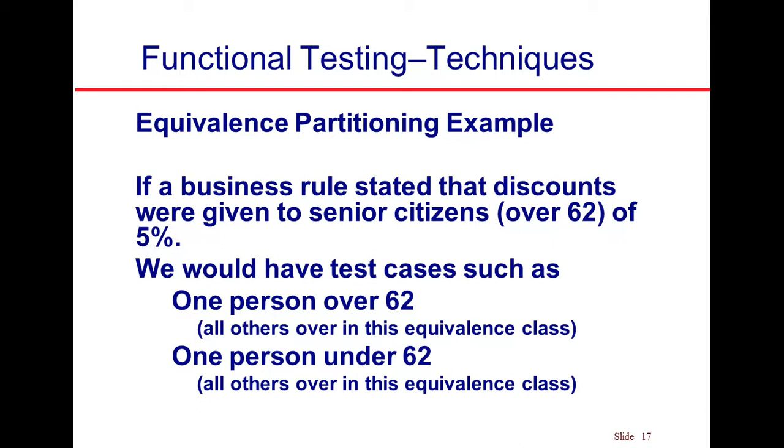Senior citizens who are above 62, we have given them a 5% discount from the business point of view. Now we would have test cases such as one for a person over 62, and all others over 62 are in this equivalence class. Now one for a person under 62, and all others under 62 are in this equivalence class. So that becomes our second equivalence class.